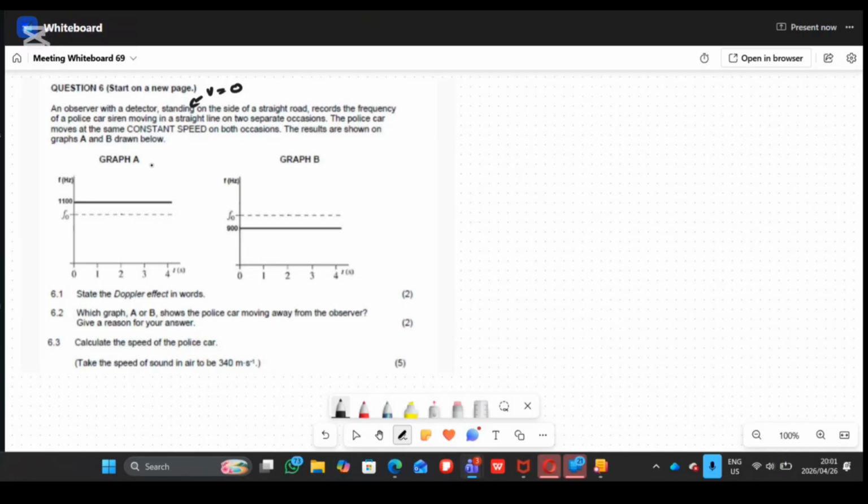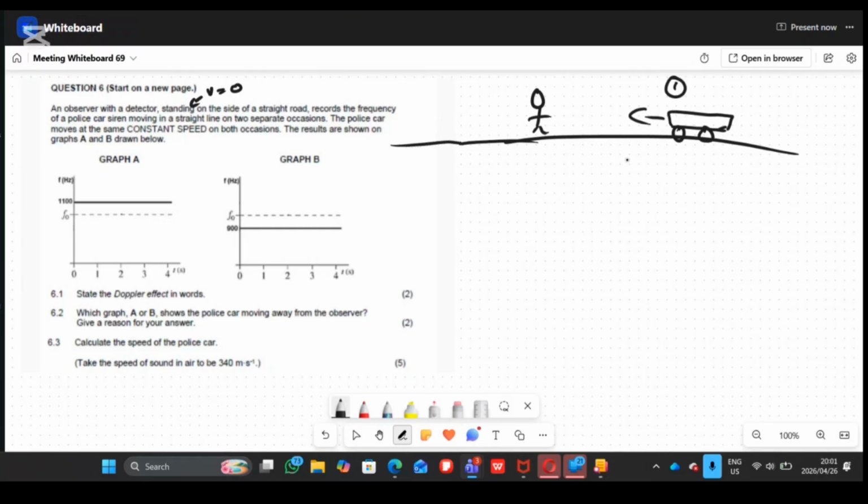Because the person was standing aside of the road, the police car was moving towards him. This is occasion number one. Then on occasion number two, the police car is now moving away from that person.